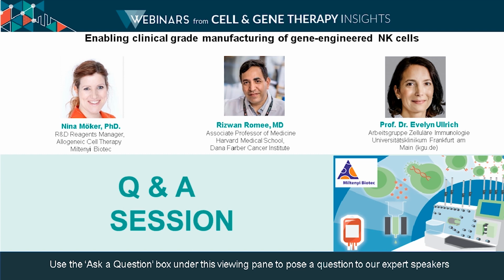In this case, different sources can be used to have off-the-shelf NK cell products that are produced first, from third-party donors for instance, also after allogeneic stem cell transplantation or in haploidentical settings. And this is really a great advantage for the patients.